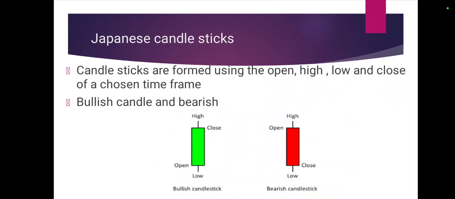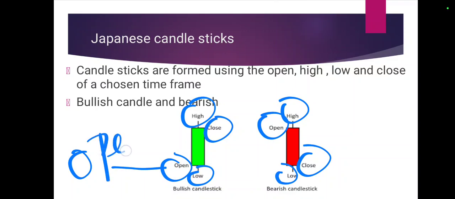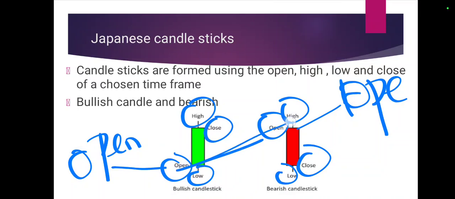They both have the open, the close, the low, and the high. So what is the major difference? If you notice, on the bullish candle the open is below here, while on the bearish candle the open is high. This is where the open is. That is like the opposite.